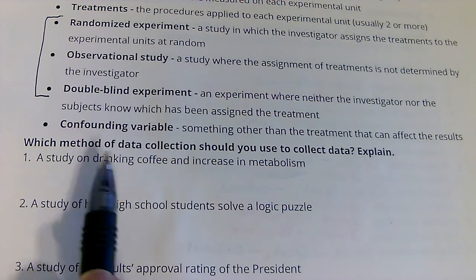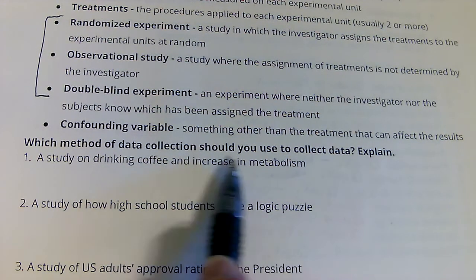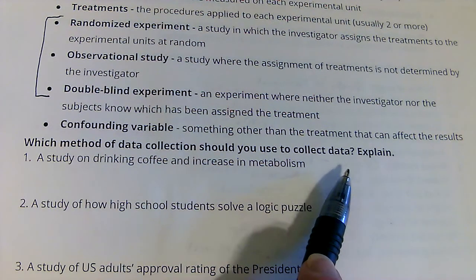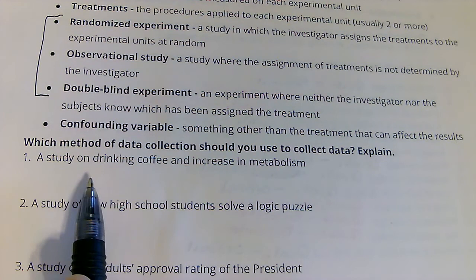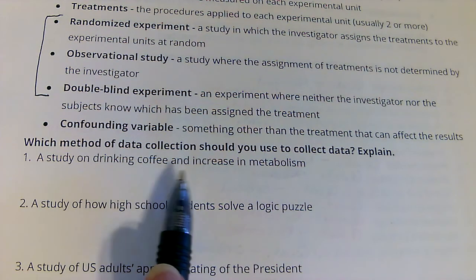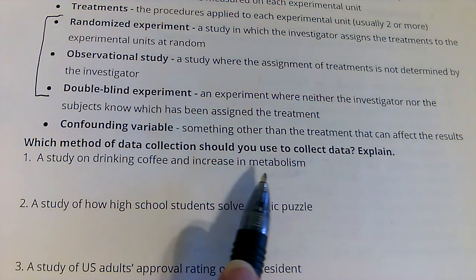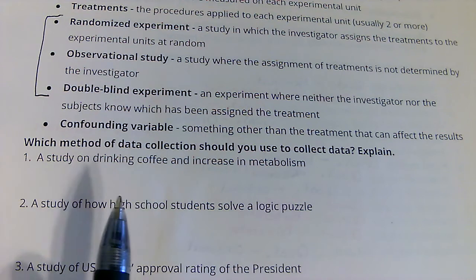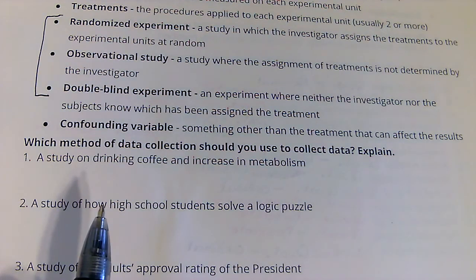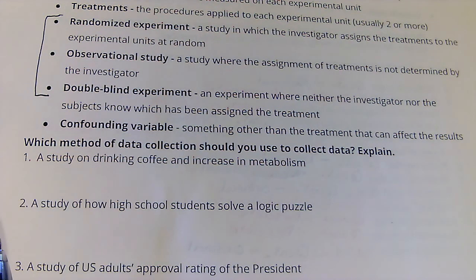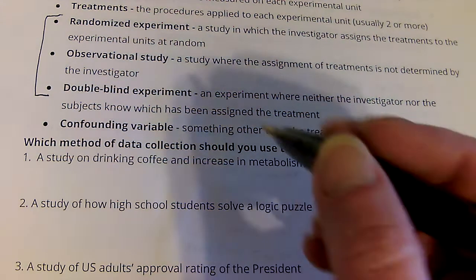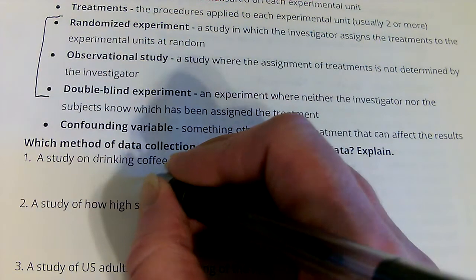So, which method of data collection should you use if you want to do a study on drinking coffee and the increase in metabolism? Well, that would probably be an observational study, right?